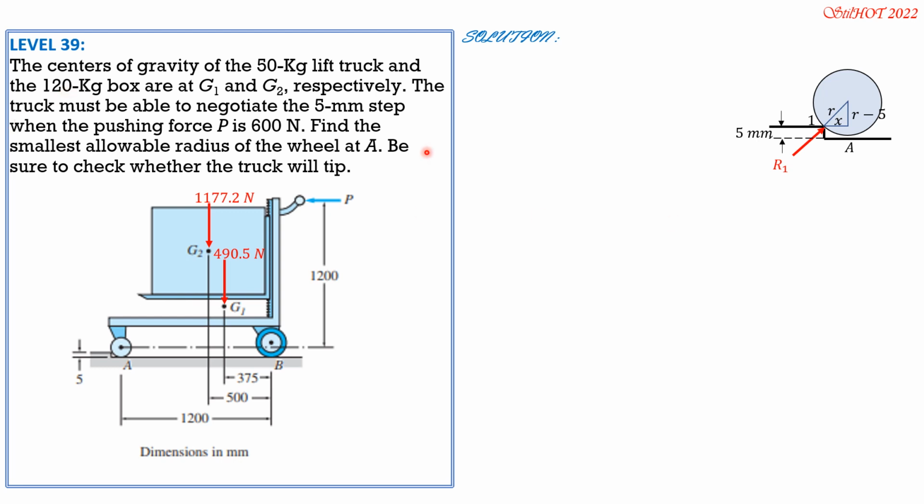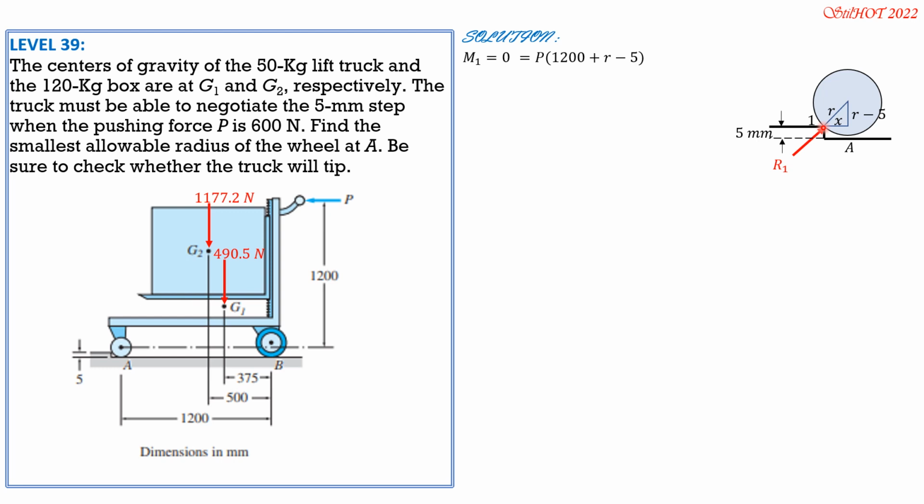So this problem is a star problem from Peter La's book. So M1 is 0, and our equation will just be purely moment at 1 is 0. Considering counterclockwise positive, so equals P times the distance, 1,200 up to center here, then plus R minus 5. That's why you have here R minus 5 because we set M1 to 0 here.